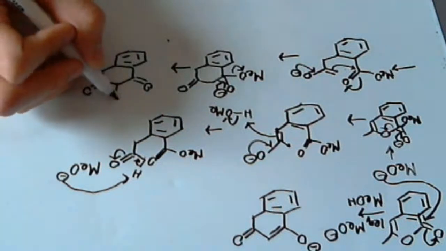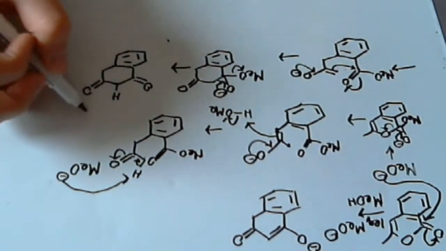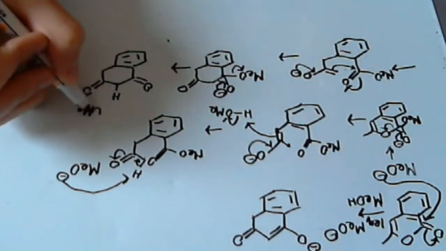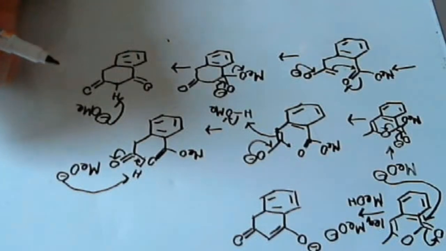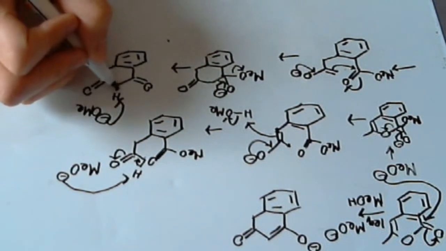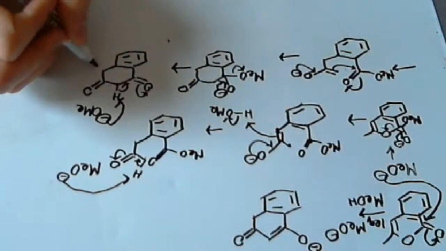So we're just going to tautomerize it by removing a proton. So we take our base, deprotonate that proton, and form the enolate.